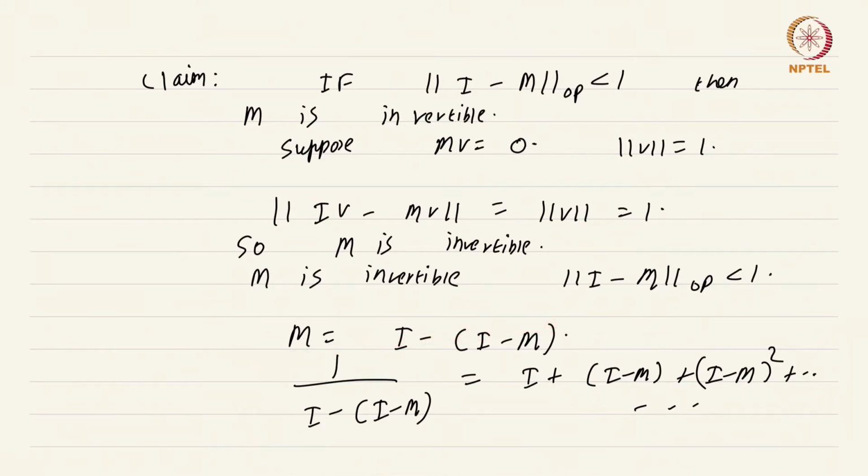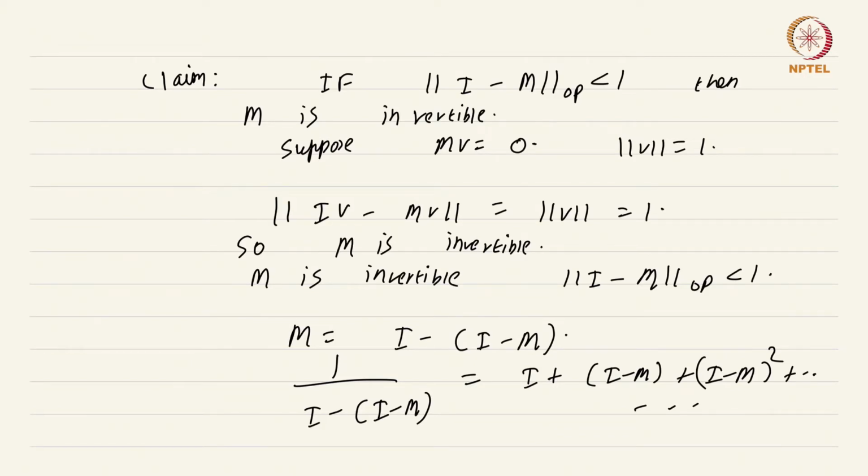So we are going to claim that this series on the right hand side, a series of matrices, is going to converge, and we are going to claim that it converges to the inverse. Now, why do we know that this converges?